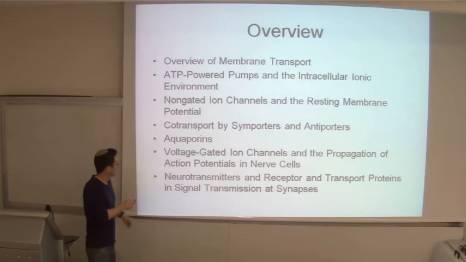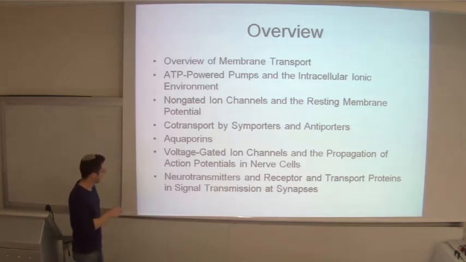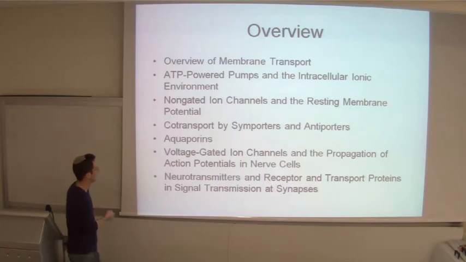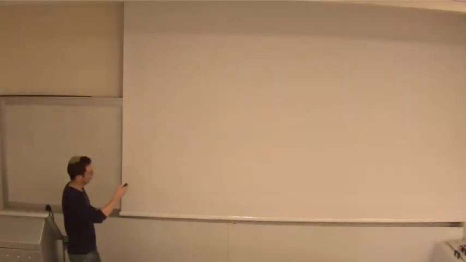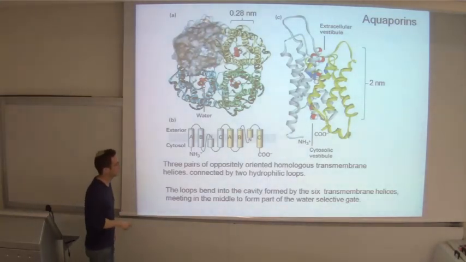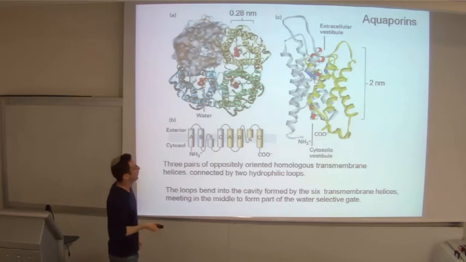Okay, we will end today with the aquaporins, and then next time continue with the voltage gating and the different components defined in synapses. So the aquaporin, just a single slide, because it would be wrong not to mention it at all.